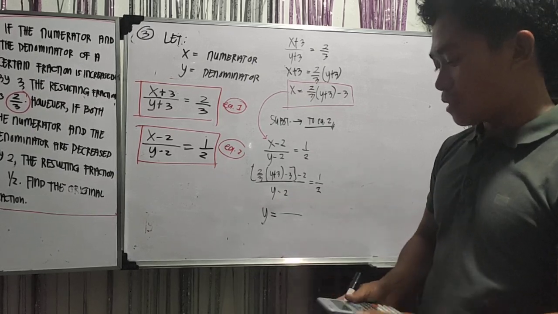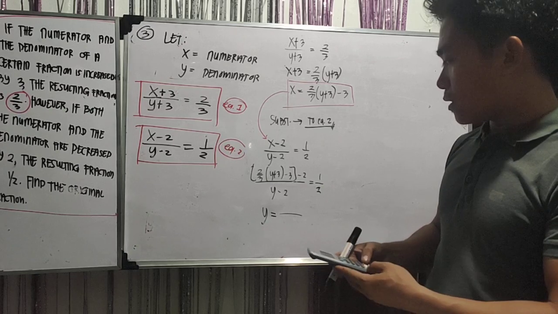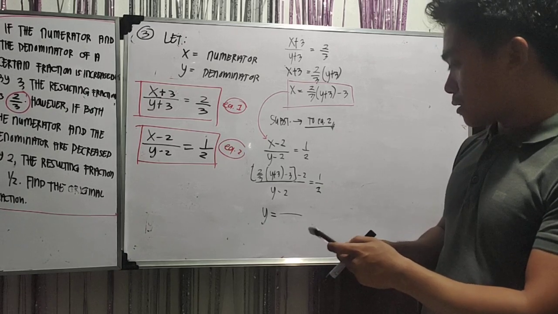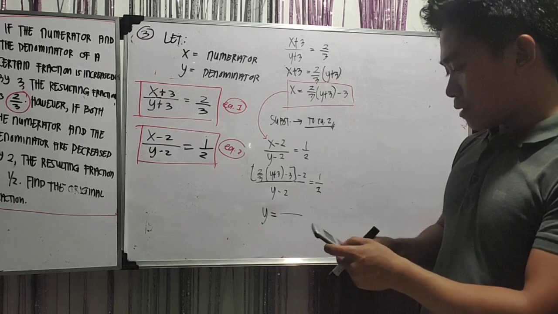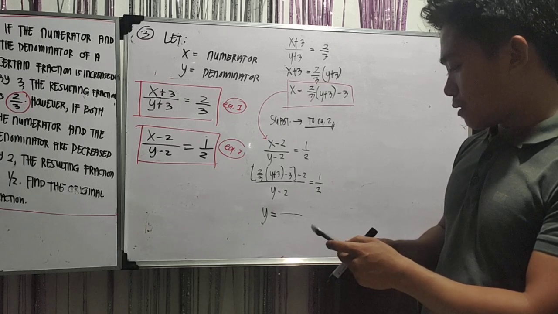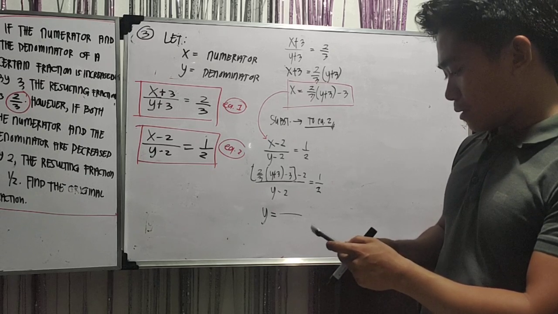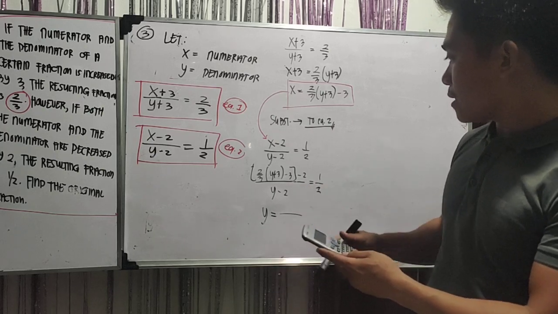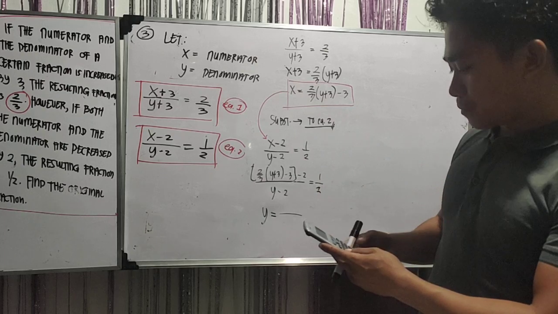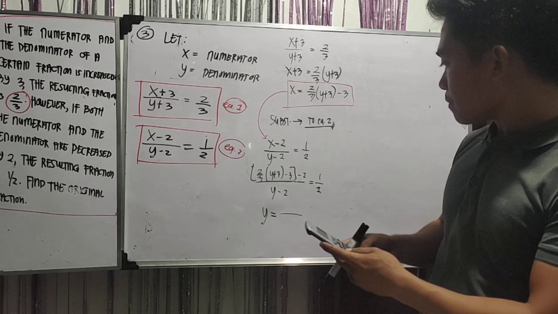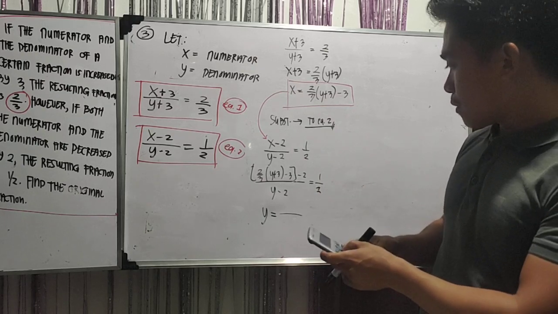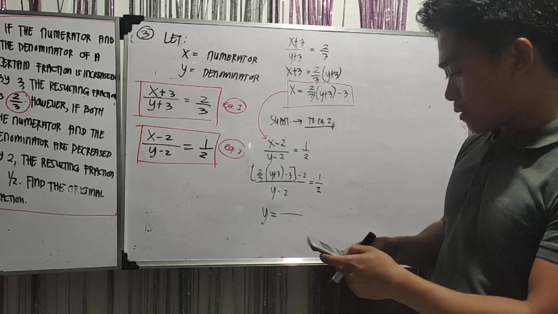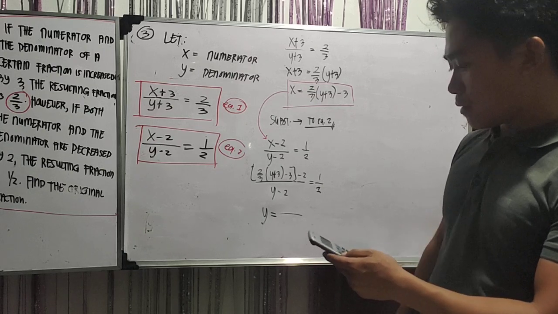So, what is that? Input mo to sa calcio and use shift solve. So, 2/3 of y plus 3, minus 3, minus 2 over y minus 2, alpha equals 1/2.